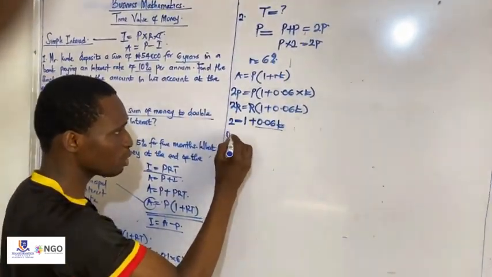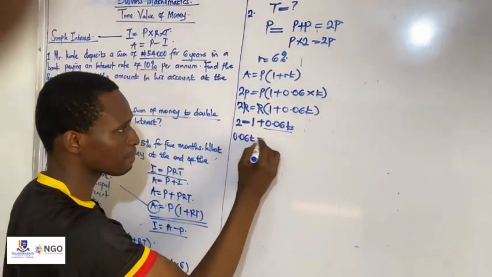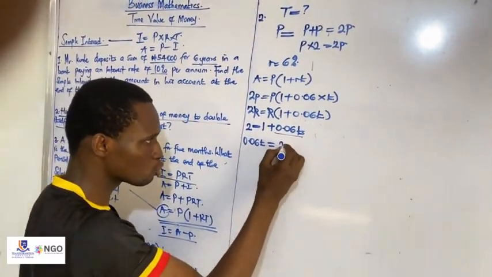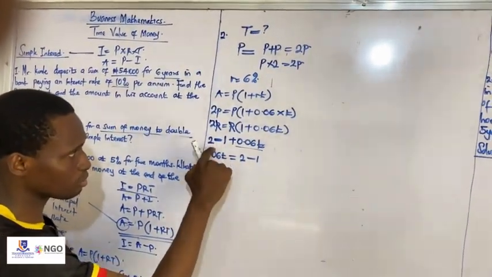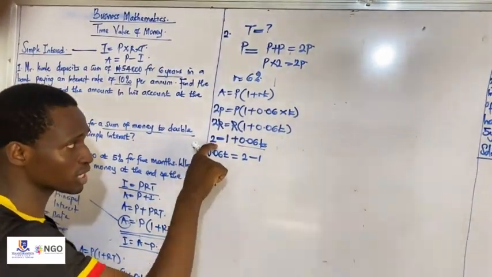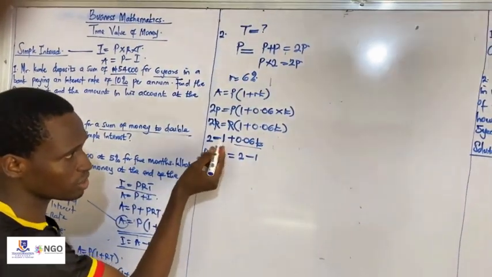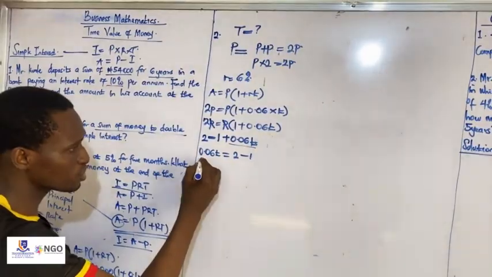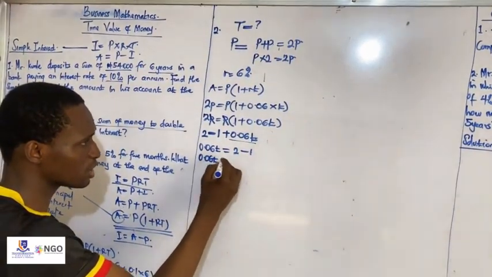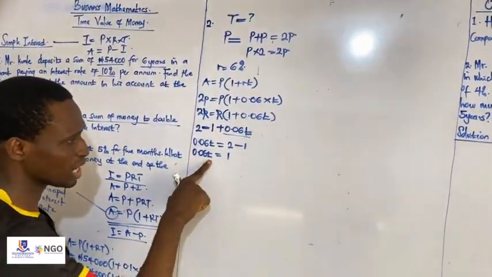So that will be 0.06T equals 2 minus 1. This 1 comes here, then it turns negative. When a positive value is crossing over to the other side, it becomes negative. So 0.06T equals 1. What am I looking for?